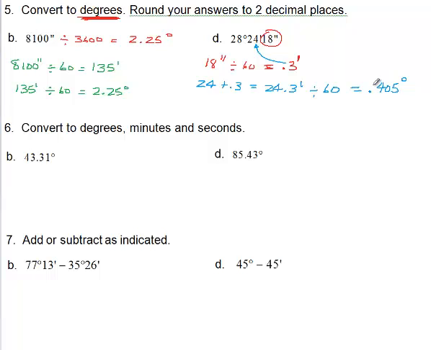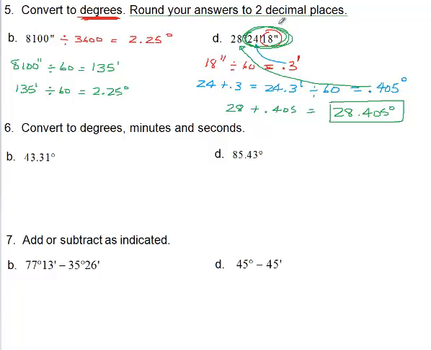I add this back on to the degrees to get my final answer. So it's 28, add to that 0.405. So obviously it's 28.405 degrees. Now I knew it was 28 point something anyway, because I'm only converting this part to degrees. So it's 28 decimal something anyway.